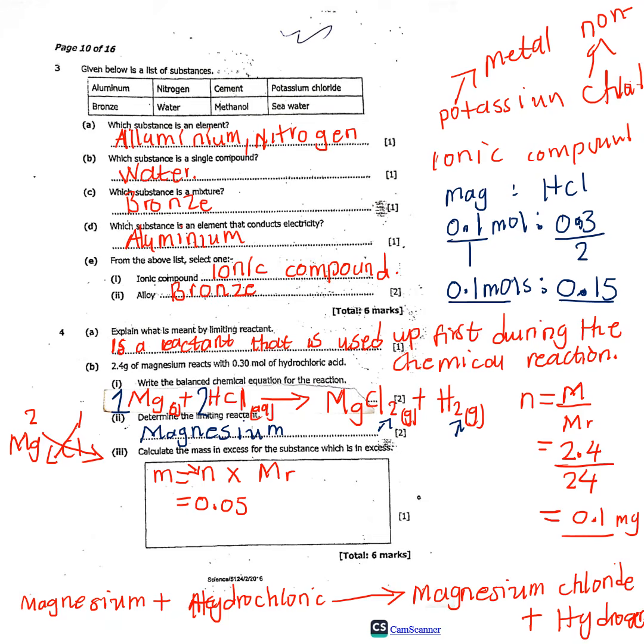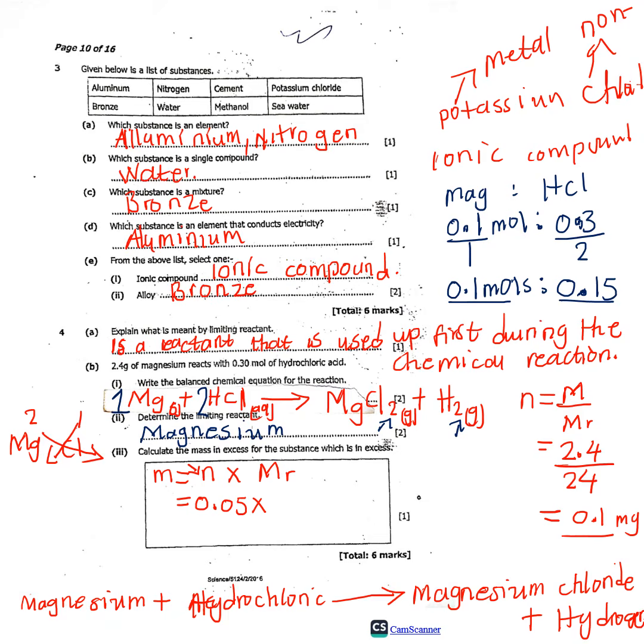How I've calculated this number is by subtracting, since I know that 0.1 for Mg represents the number of moles that were used. So from 0.15, 0.1 was used, so 0.05 remained unused.